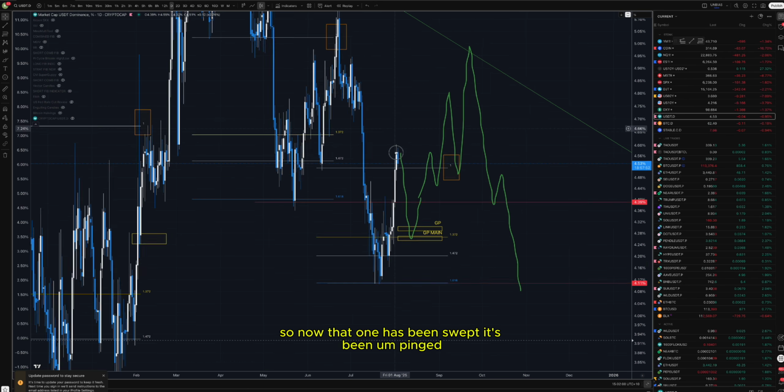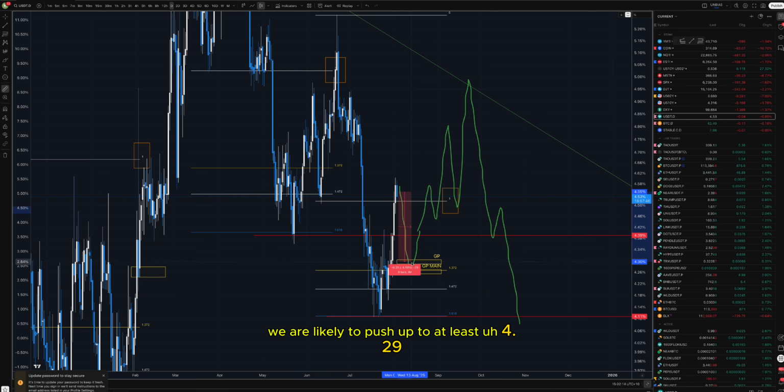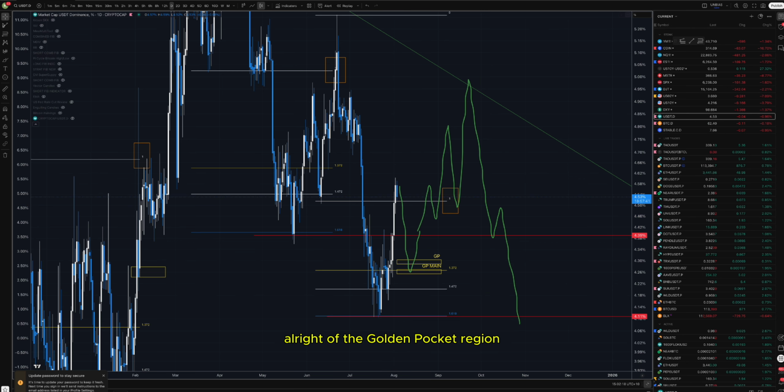So now that 1 has been swept, it's been pinged, we are likely to push up to at least 4.29, all right, of the golden pocket region. And let me measure it out again. Oops, that's a little bit high. There it is.